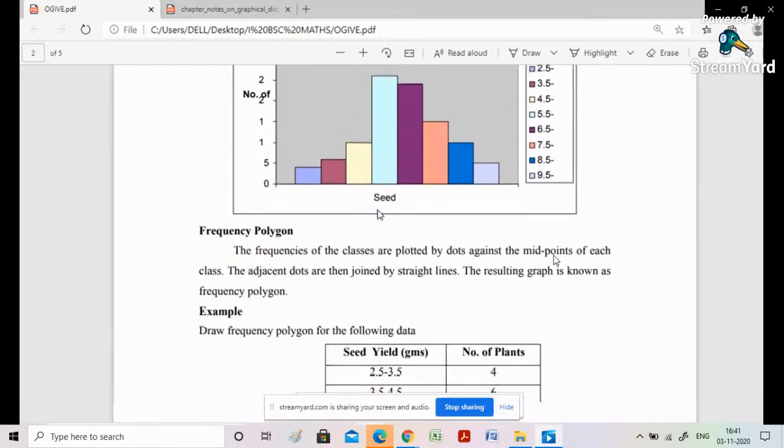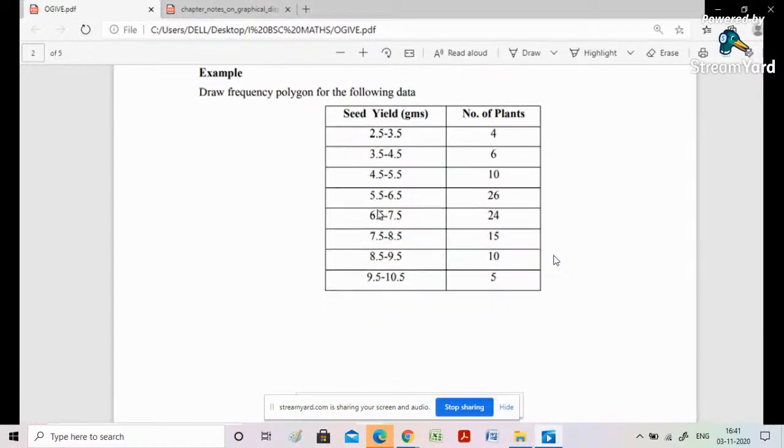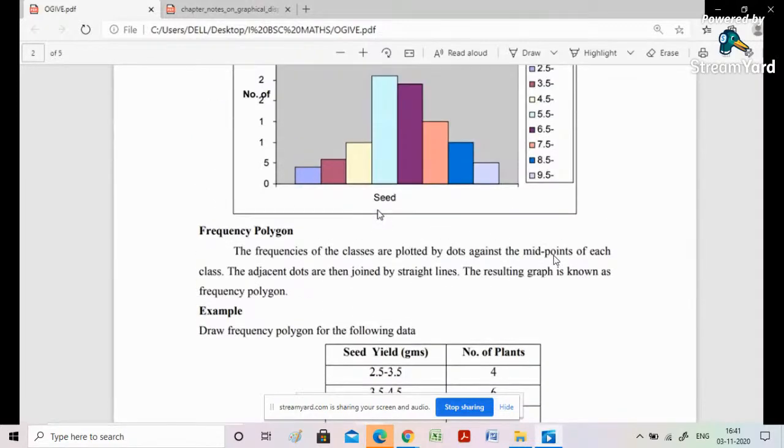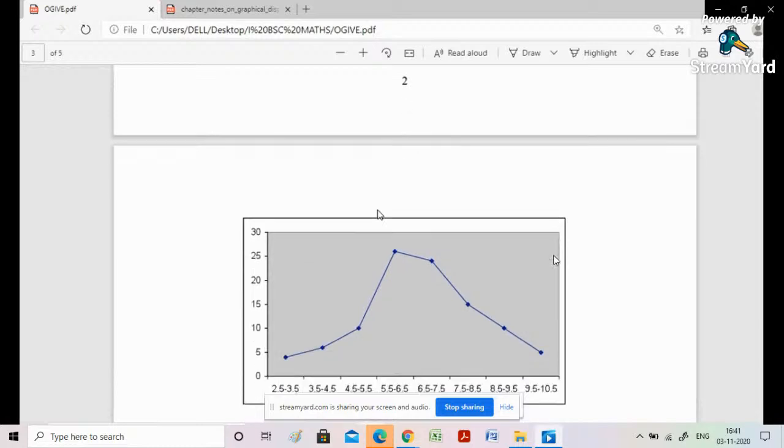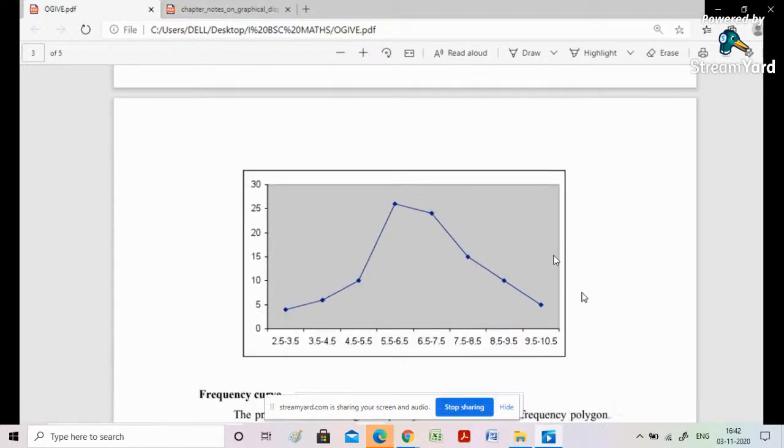Now we can plot the frequency polygon through this histogram, using the midpoints of each and every pillar. Just point out the midpoints and then plot like this. That is usually called a frequency polygon.